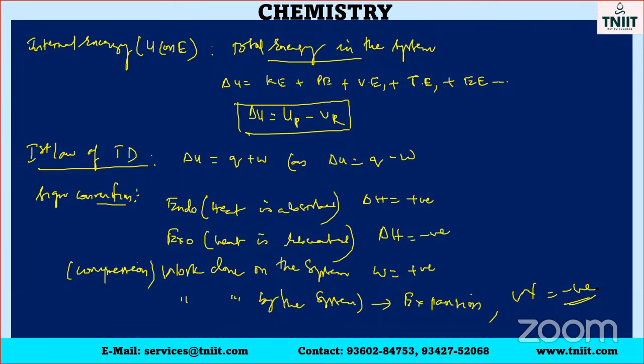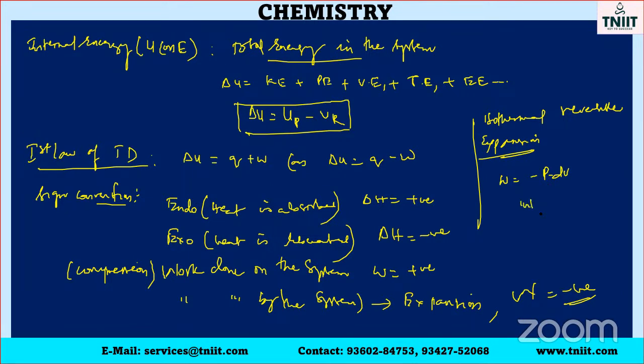Now, in case of an isothermal process, how do we calculate the work done? What's the formula? In isothermal reversible expansion of an ideal gas, work done is calculated by the formula minus P dV: external pressure into change in volume.